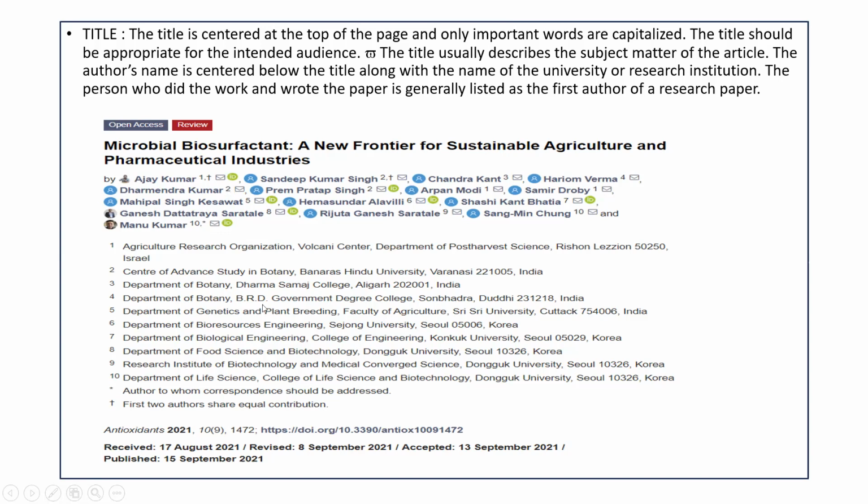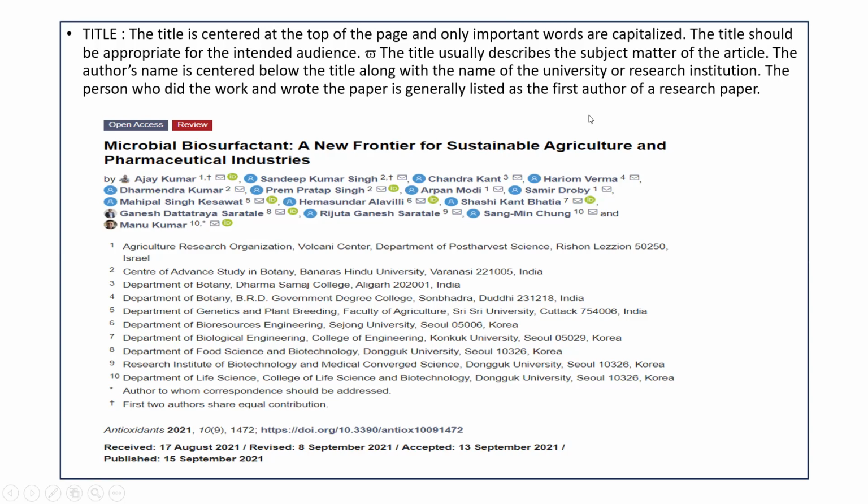Only one author acts as the corresponding author, and it is always indicated by the star, not the envelope. This envelope sign, if you click on it, will give you the details of all their email IDs and institutional details. And this star indicates that this is the corresponding author.